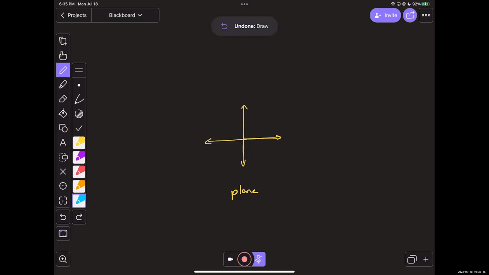Now, for a plane, I think one easy way to think about this is to think about your monitor screen. That's going to be a 2-dimensional flat surface, unless you have a curved monitor, in which case, wow, I guess. But think about maybe a sheet of paper or my iPad screen or anything like that. Think about this two-dimensional surface going on infinitely.